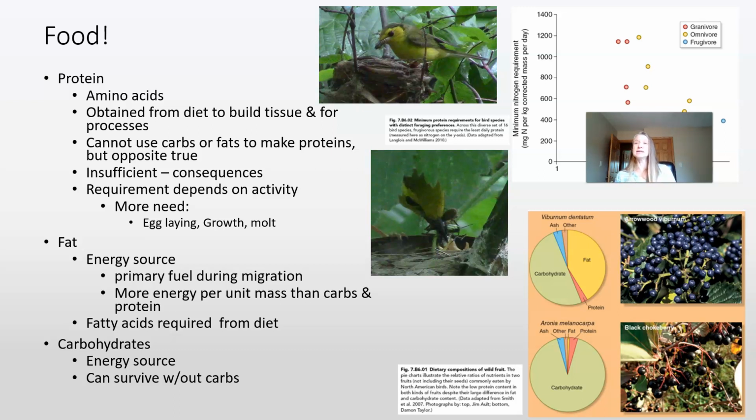Those are all really nice high-fat berries that birds really need to store on fat for migration or even to survive winters. Other berries, like the black chokeberry, are mostly carbohydrate. So these are going to be high in energy, but it's not going to be storage for very long. And again, we can't make proteins from all these carbs.